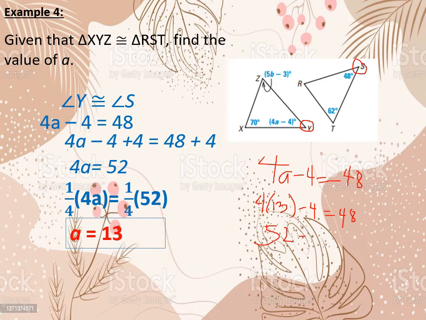Minus 4 is equal to 48. Now, 52 minus 4, we have 48. And it is equal to 48. Therefore, the value of A is equal to 13.